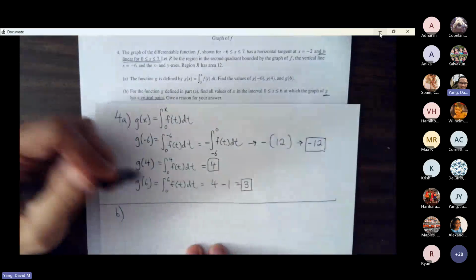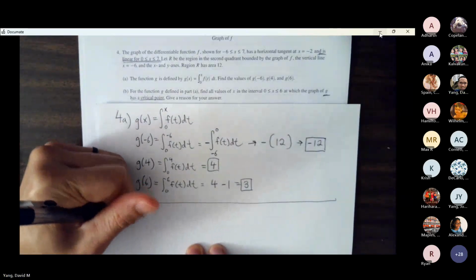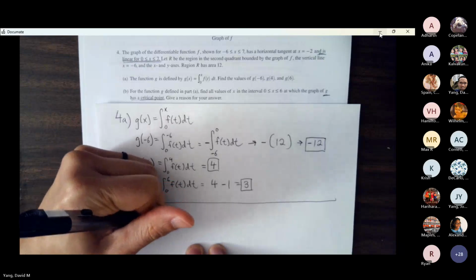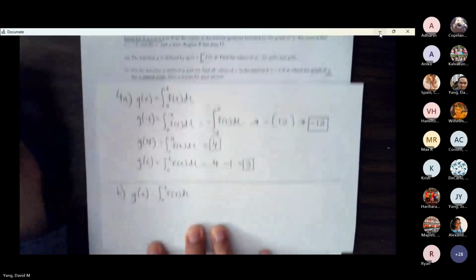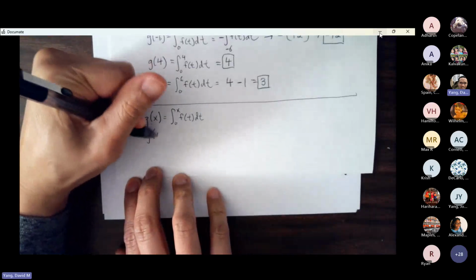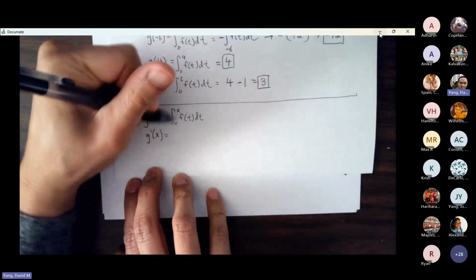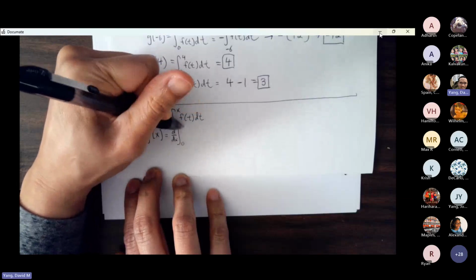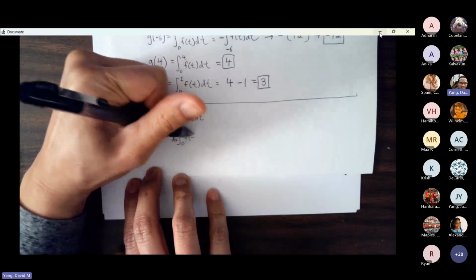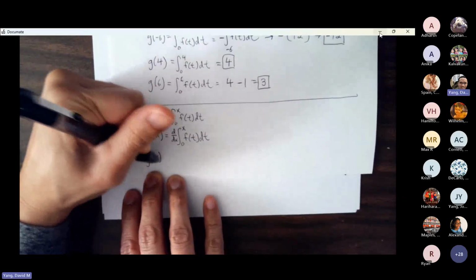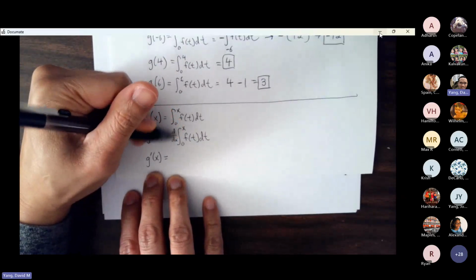So again, there's my g of x. If I want to find the derivative, I'm just going to say g prime, and then the right side is really just the derivative of this notation, and we should recognize this as the second fundamental theorem. These two operations cancel out.